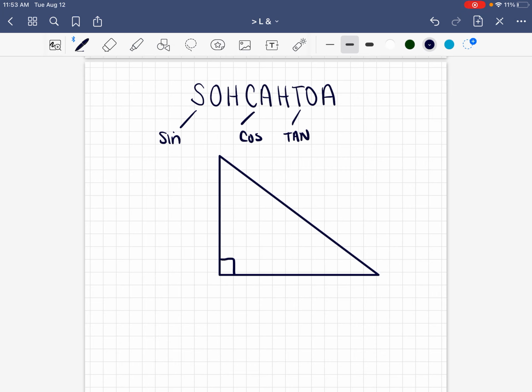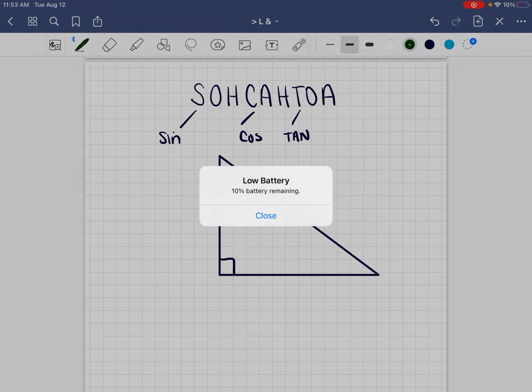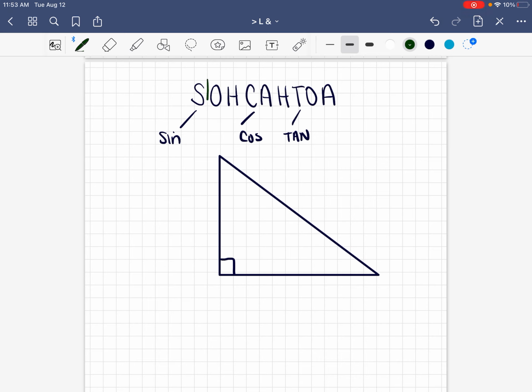And so you're going to need to know which one to use in which scenario. So this just helps you to understand, okay, when do I use sine, when do I use cosine, and when do I use tangent?